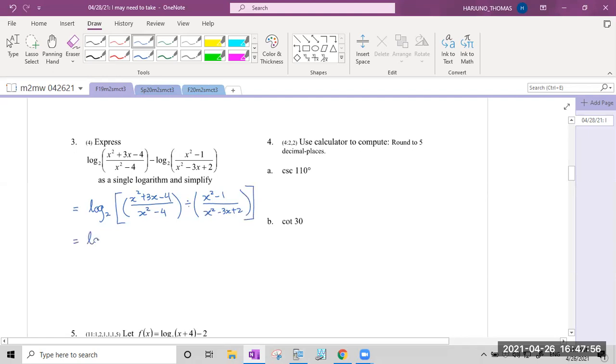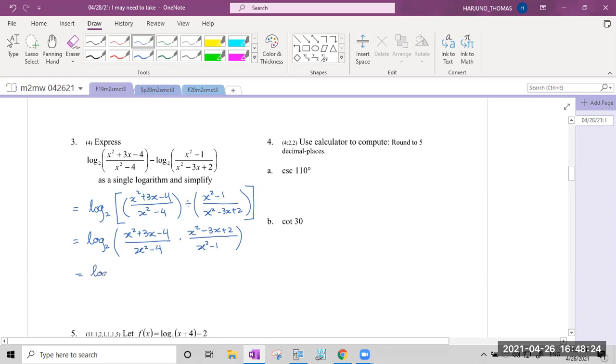So under the log, we will divide those rational expressions. But to divide rational expressions is to multiply by the reciprocal. And you know what to do next.